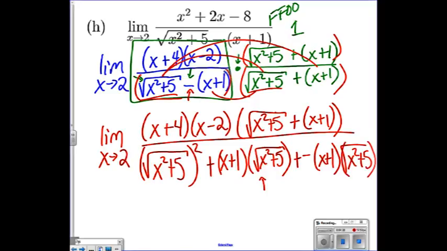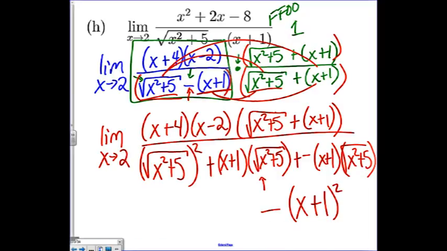And then finally, our last. We have a negative times a positive, so that comes out to be a negative. And then we have x plus 1 times x plus 1. Since it's the same thing being multiplied by itself, I'm just going to rewrite it as x plus 1 being squared.